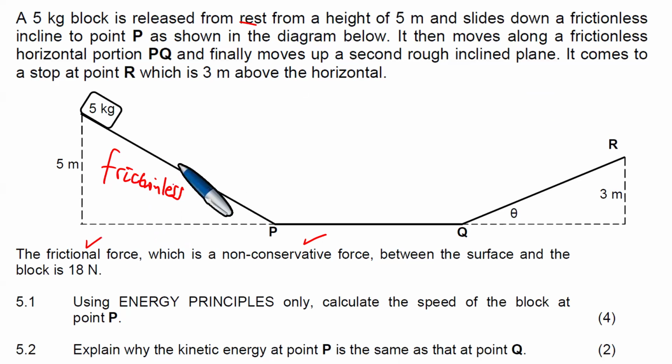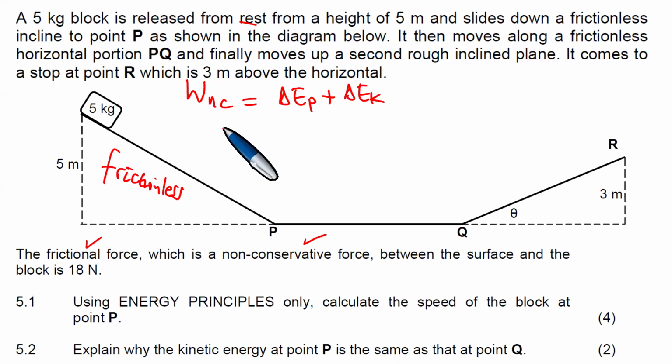So now, because it is frictionless, we need to use the energy principle. Work done by non-conservative forces is the change in potential energy plus the change in kinetic energy.